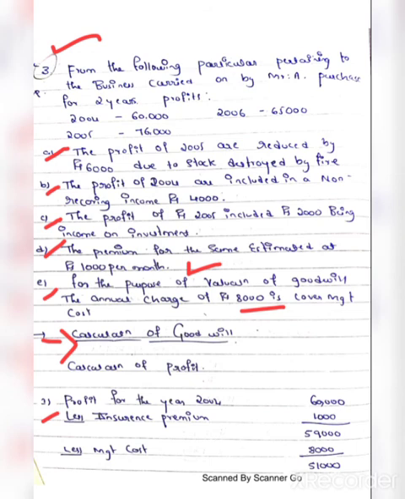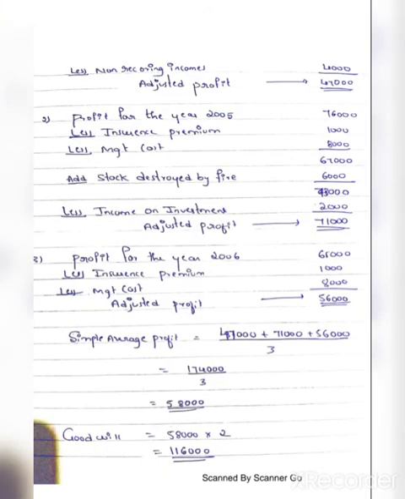Then what comes is 51,000, right? Next less non-recurring income, which is 4,000. Then final answer, adjusted profit rupees 47,000 of 2004.